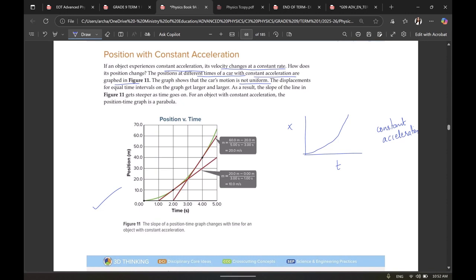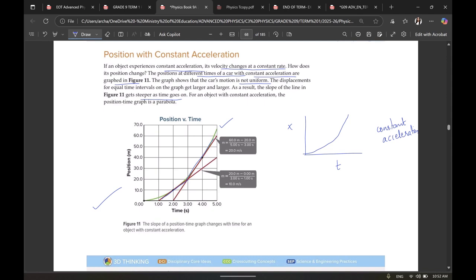You can see that in all the cases, the graph is not uniform. This green line is the motion. The displacements for equal intervals of time on the graph get larger and larger. As a result, the slope of the line gets steeper as time goes on.